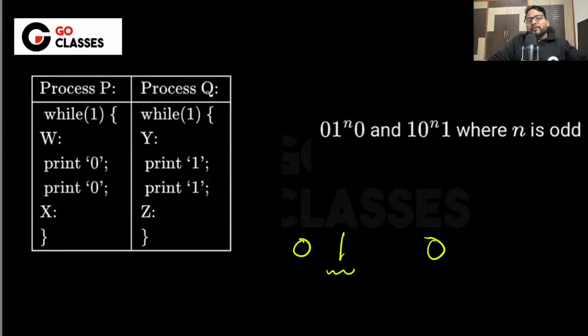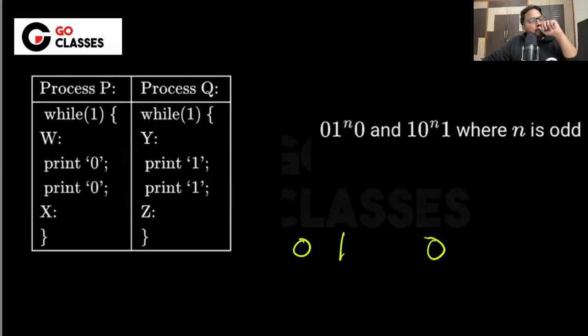It cannot be the case that between two zeros even can come and odd cannot come. How can it be the case? Suppose somehow there is a code which is saying even can come. If even can come between two zeros, if you can print these two ones, then who is stopping you to print and then print only one? So if even can come, then odd can also come. If even can't come, then odd also cannot come, right?